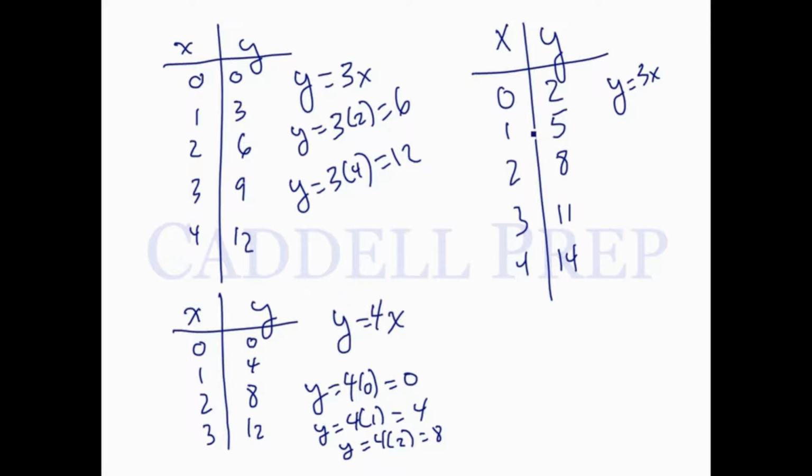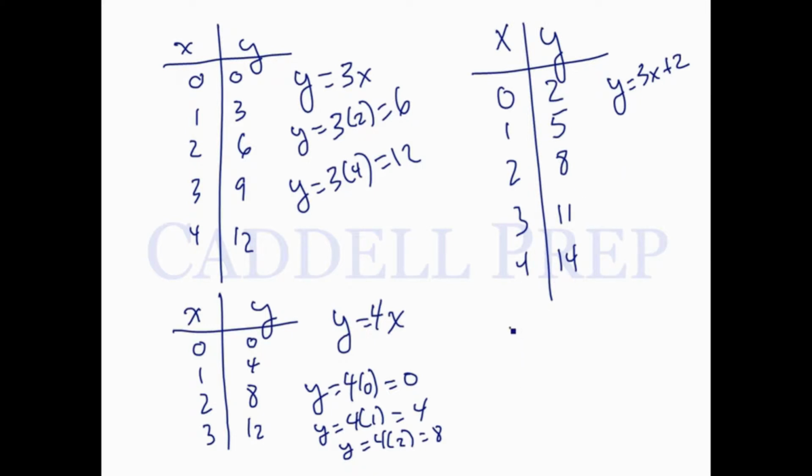But we have to do something else to the function. So 1 times 3 is 3, not 5. But if we add 2 to it, we'll get 5. 2 times 3 is 6. Then plus 2 more would give us 8. 3 times 3, that would be 9, plus 2 is 11. So in this case, the function is y equals 3x plus 2.